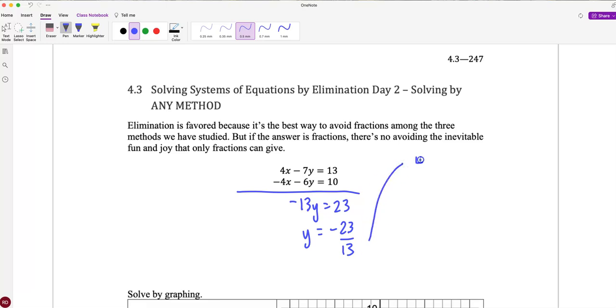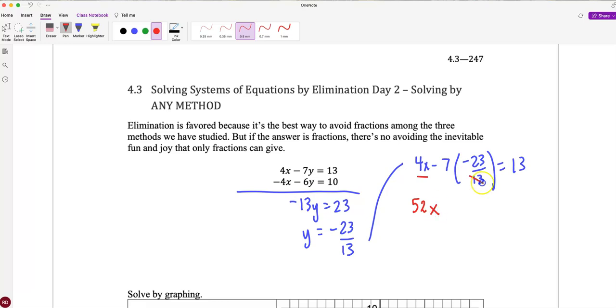So 4x minus 7 times negative 23 over 13 equals 13. To eliminate fractions from this equation, I could multiply by 13. So 4 times 13 is 52, so 52x.